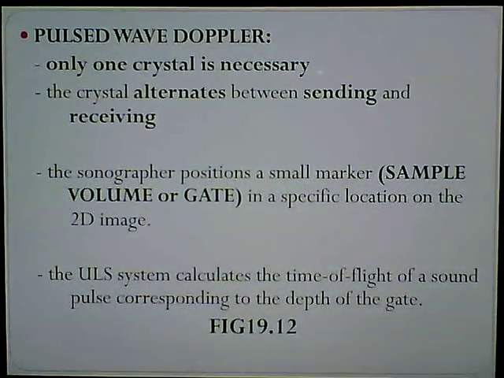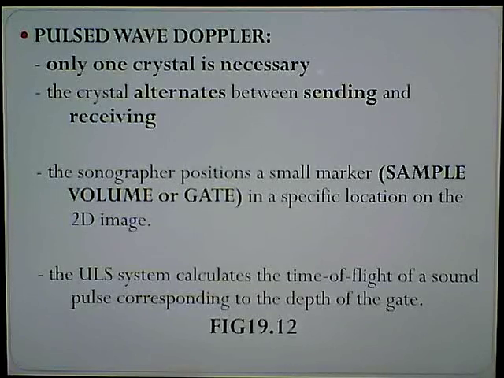That's how we can be more specific. So if we have a stenosis, we can drop the sample gate right in the middle of the narrowest part of that stenosis because we know that's where the highest velocity is. So this is just an advancement, in other words. 19.12 will show you very easy pictures of how we do this, and it actually has a stenosis.